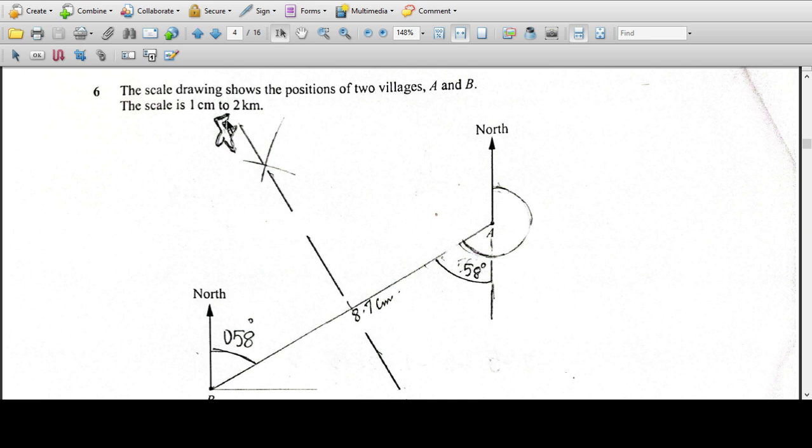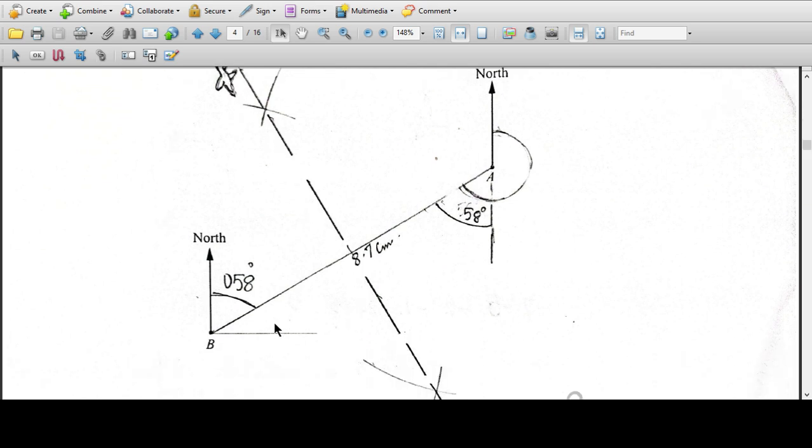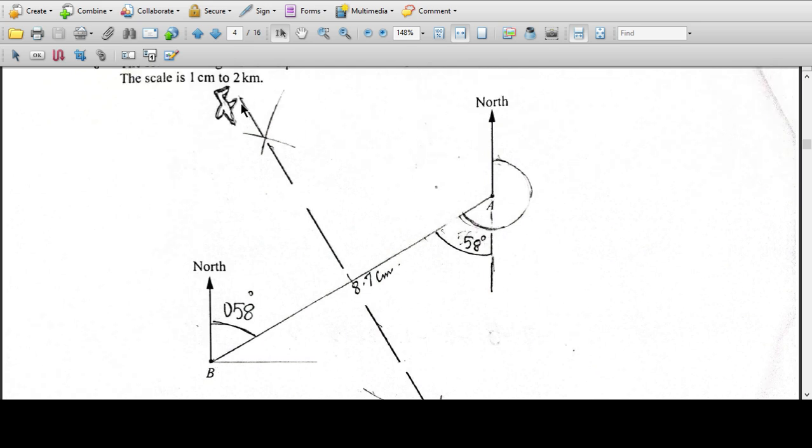So if a plane takes a flight from here to here, its distance from B and A will always be equal. Suppose the plane is here, if we take a straight line to A and B, the distance is always equal.